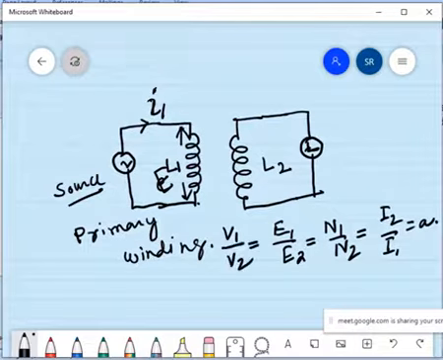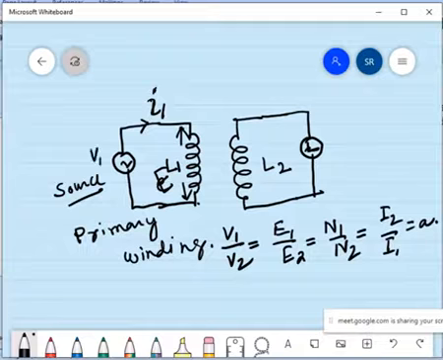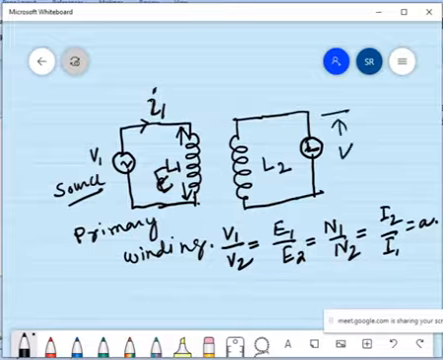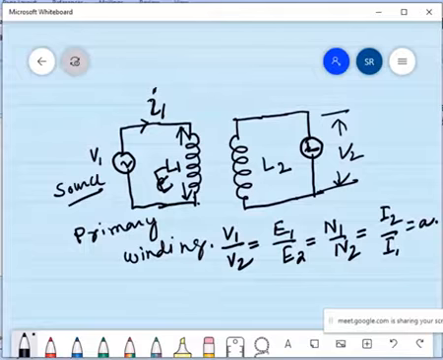What is V1? V1 is the source voltage. E1 is the EMF induced in the primary winding. What is V2? V2 is the load voltage, that is, we are getting the output voltage from the transformer.